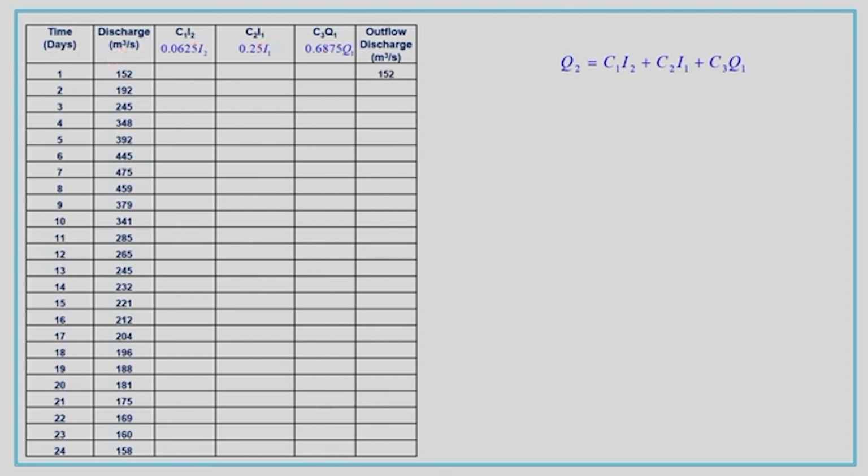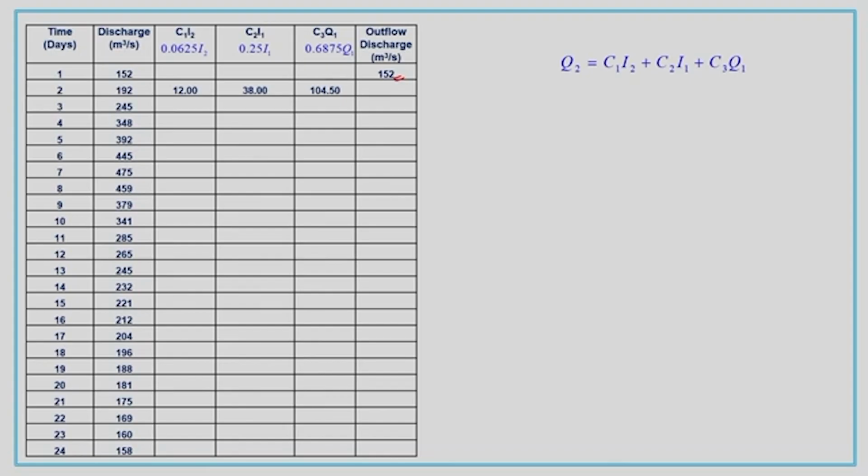Now we can proceed with the computation. First value Q1 we are assuming the same as that of I1 before the flood wave enters the channel reach, that is 152 meter cube per second. Now we can go for computing each column, that is C1 I2 will be 0.0625 I2, and next is 0.25 I1, and next one is 0.6875 Q1 that we can obtain by multiplying 0.6875 by 152.